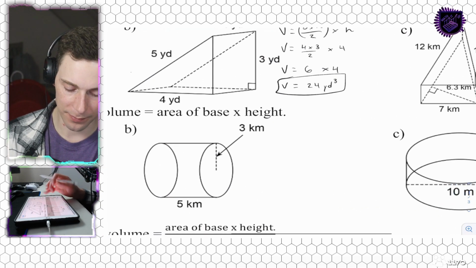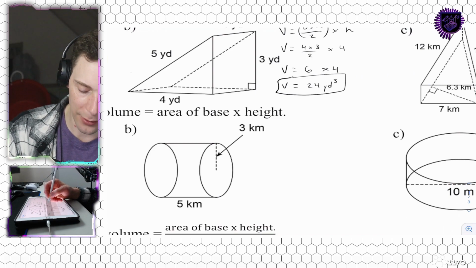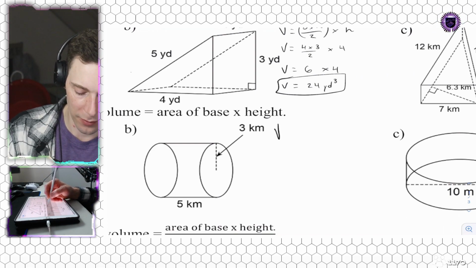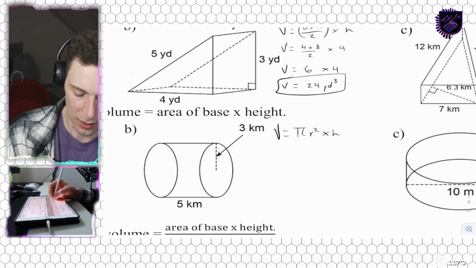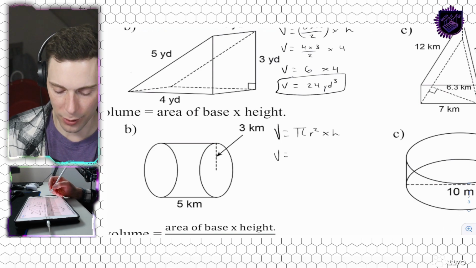Let's look at the next one. Let's write out our formula. Area of the base times height. So volume will be equal to pi r squared times height. Let's put in our known values.